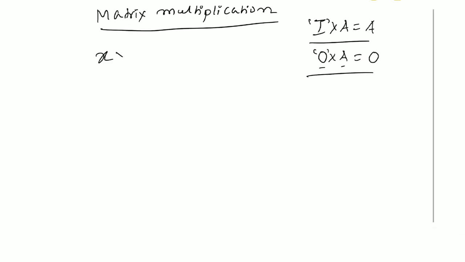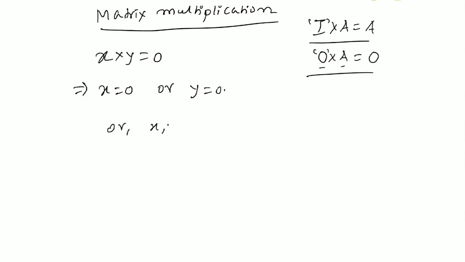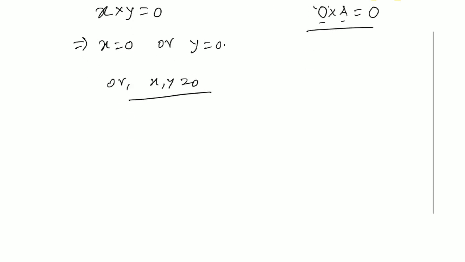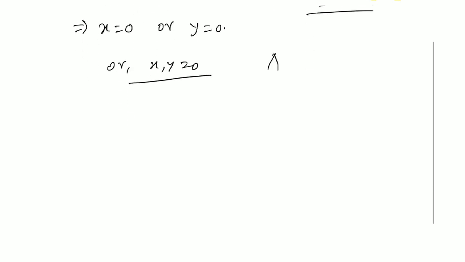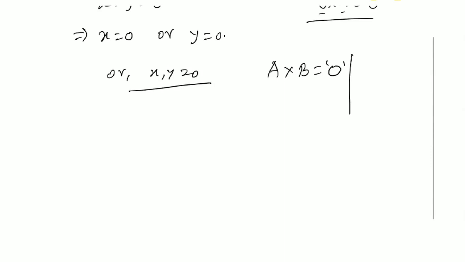Now, suppose we have two variables x and y. Then you can say that either x is equal to 0 or y is equal to 0, or x and y both are equal to 0. But in matrices, if A into B is equal to the null matrix or 0 matrix, you cannot say that A is equal to 0 or B is equal to 0 or both are equal to 0.